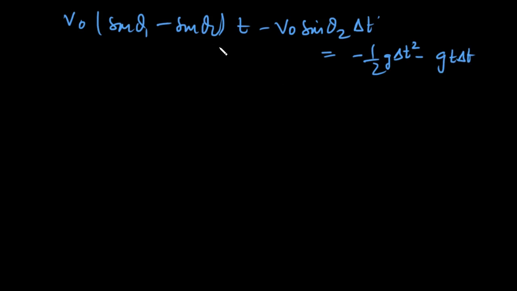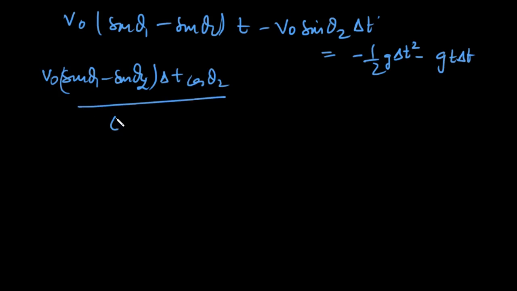Okay, delta t we know, t we know. Okay, so I am substituting t. We have v naught (sine theta 1 minus sine theta 2) into what? Into delta t cos theta 2 divided by cos of theta 1 minus cos of theta 2. I am solving LHS first. Okay, minus v naught sine theta 2 delta t.